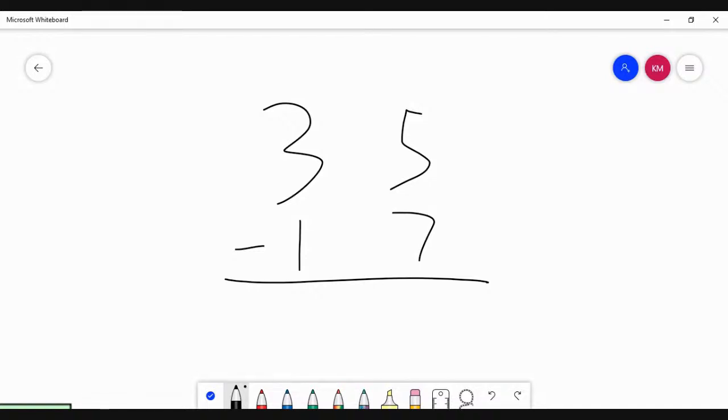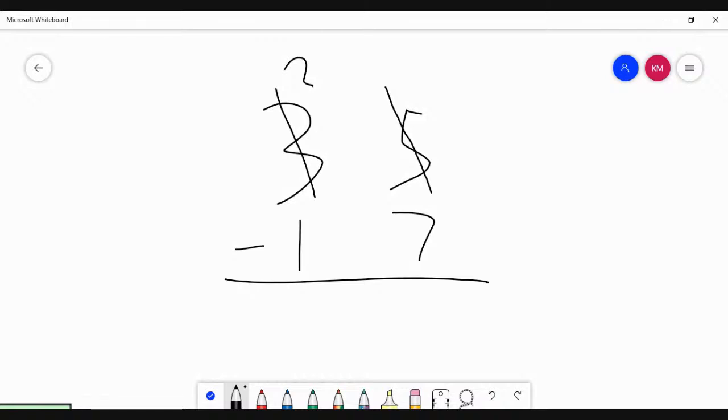So first thing is trying to subtract the 7 from the 5. Of course, you cannot subtract 7 from 5 currently because 5 is smaller than 7. So how do I subtract? I borrow. So I cross out my 5, I cross out my 3, I borrow 10 from the 3, or 30, and change my 3 into 2.